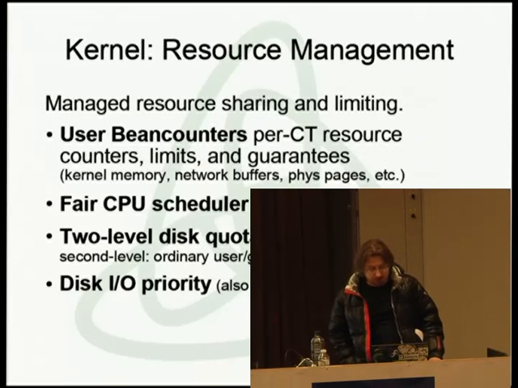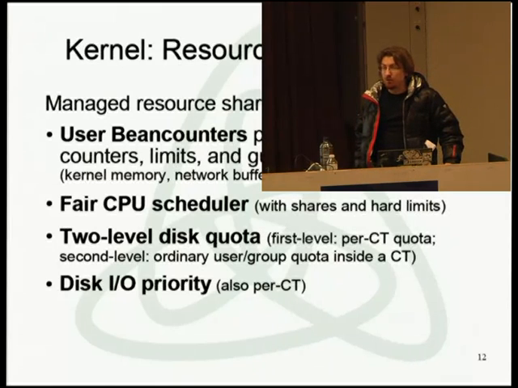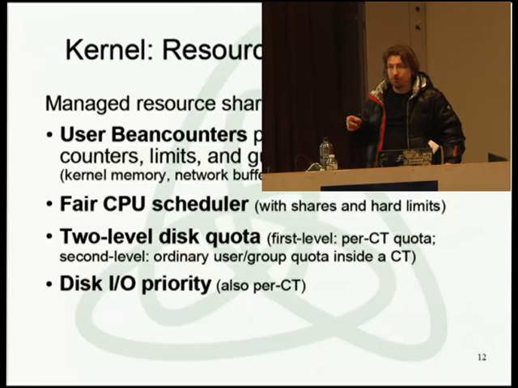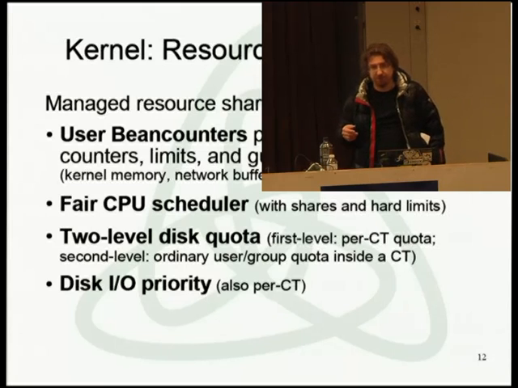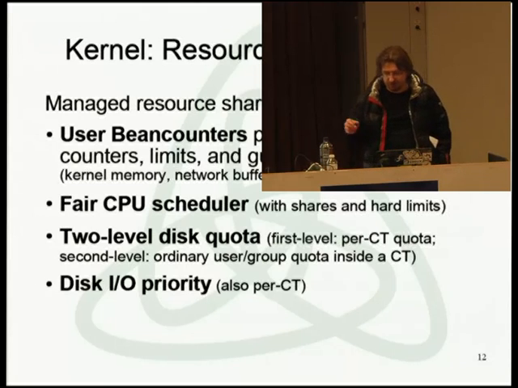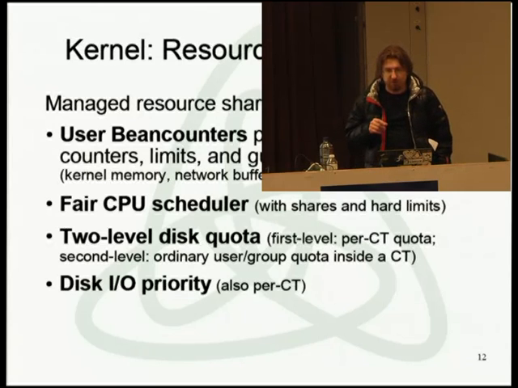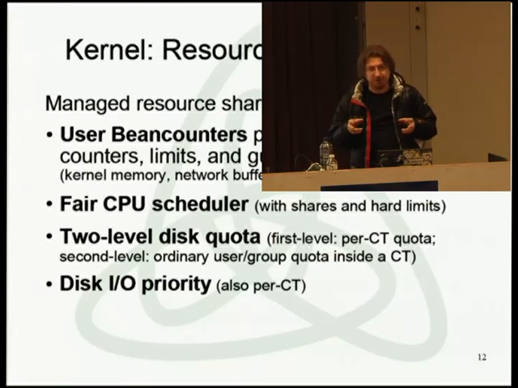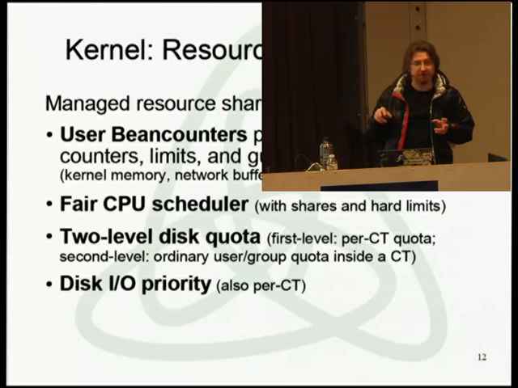The second thing is the fair CPU scheduler, because the usual CPU scheduler schedules the CPU between tasks. So it just takes a task from a run queue and gives it a CPU time slice. And this would not be fair because different containers have different numbers of processes. So we have to schedule between containers first.